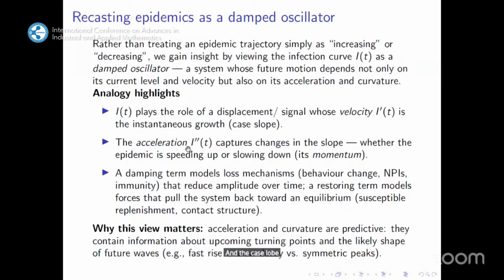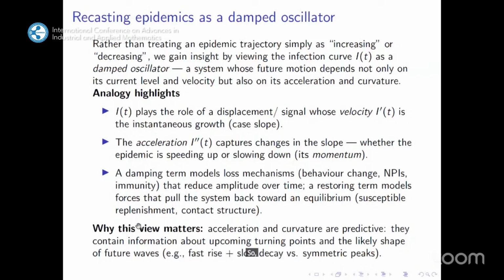Acceleration captures the change in the slope, whether the epidemic is speeding up or slowing down. And the damping term models loss mechanisms, behavior change that reduces amplitude over time. A restoring term models forces that pull the system back towards equilibrium, such as susceptible replenishment or contact structures.